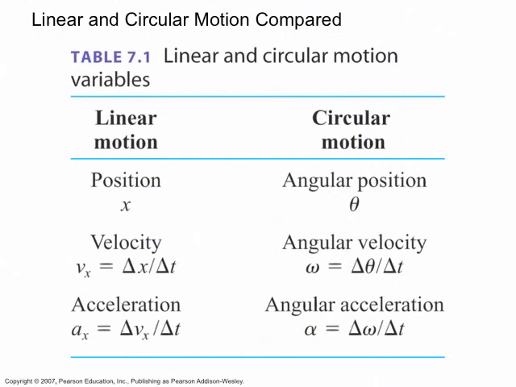Recall from the last chapter, we can relate linear motion to circular motion: distance to angular distance, position to angular position, x to theta, for example. Linear velocity to angular velocity, v to omega. And now acceleration to angular acceleration, alpha.